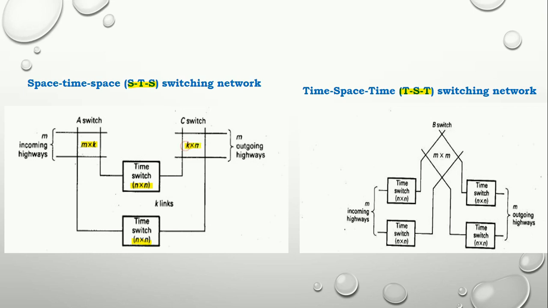And in the last stage, it is k cross m. We'll call these the primary stage, secondary stage and tertiary stage. And this is nothing but the number of links, so what is going to be connected. Very simple thing. And the easier way to connect like this is, because the time switch has two stores, a connection store and also a speech store, an intermediate time slot is not needed.